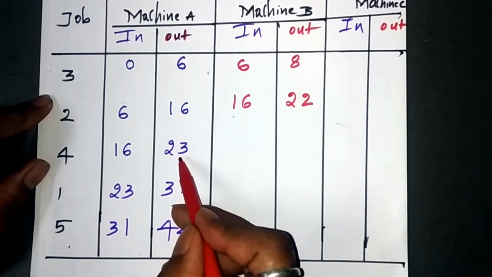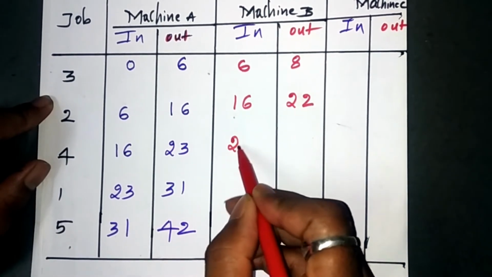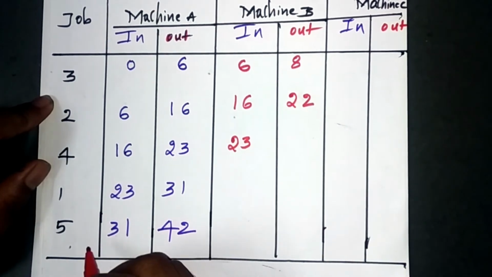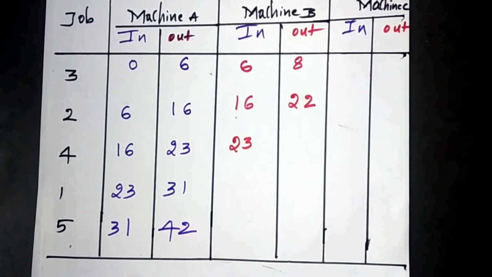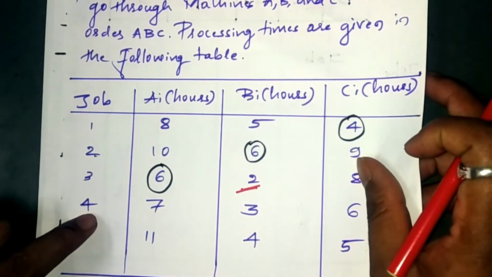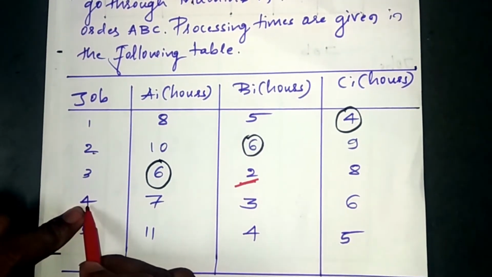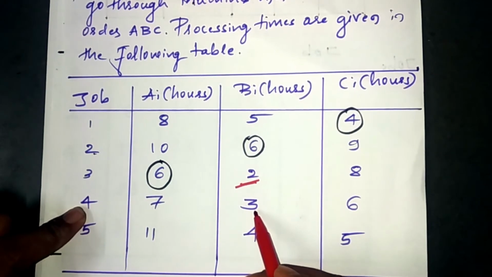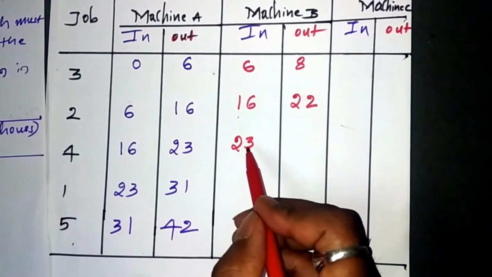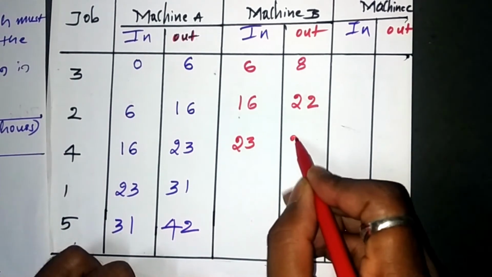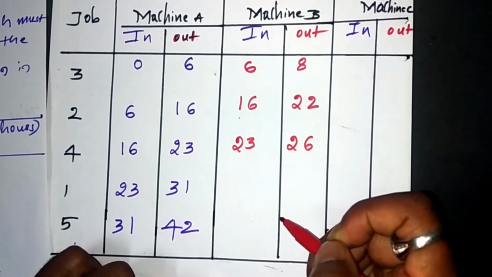That is 23, so I'm going to write that as the in time for machine B. Job number 4 on machine B, how much time is required? We will go back to this problem. Job number 4 on machine B requires 3 hours. So I'm going to add these 3 hours to this in time. 23 plus 3 is 26. I'm going to write it as the out time.